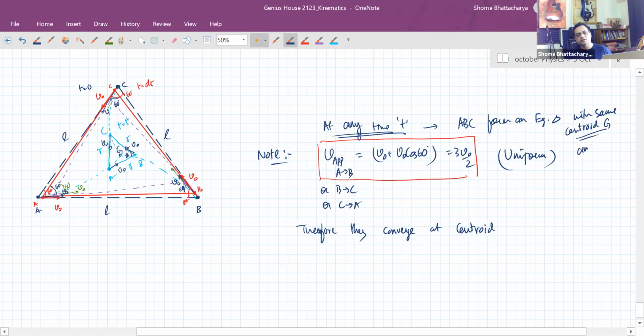Same centroid and decreasing side length R. Okay, so therefore they must meet at the center.